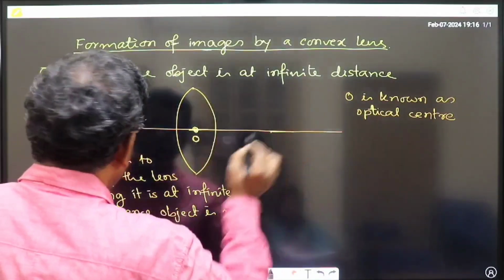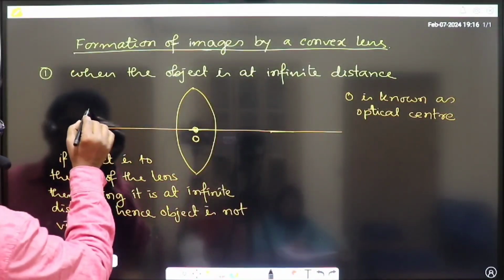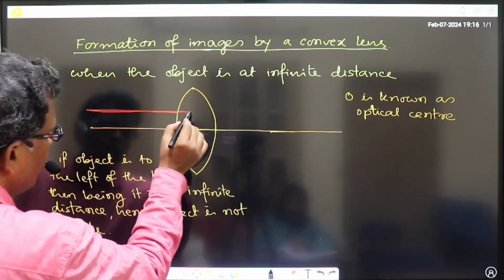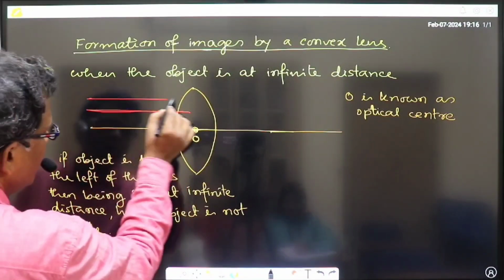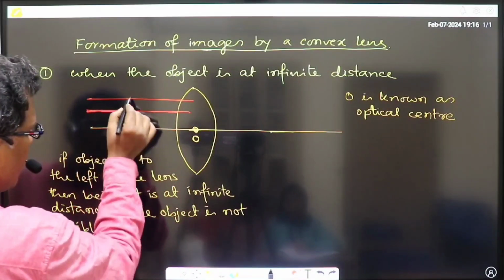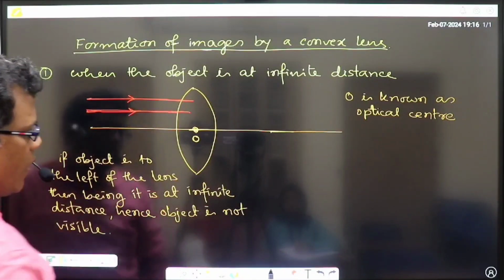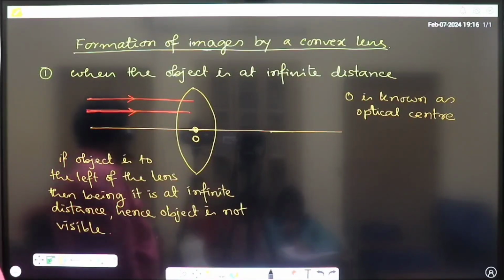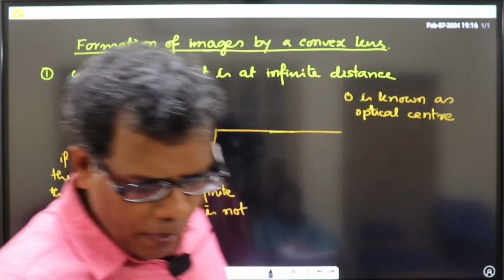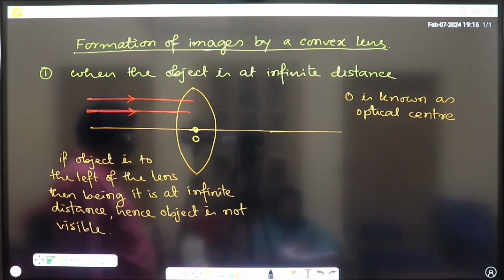the light rays from the infinite distance object will be coming like this. Light is coming parallel to each other, and parallel to the principal axis. Are you getting me? The light will be considered as an incident ray parallel to the principal axis.